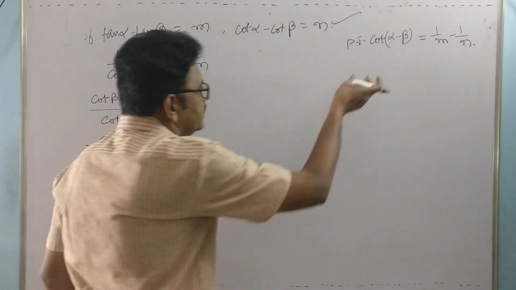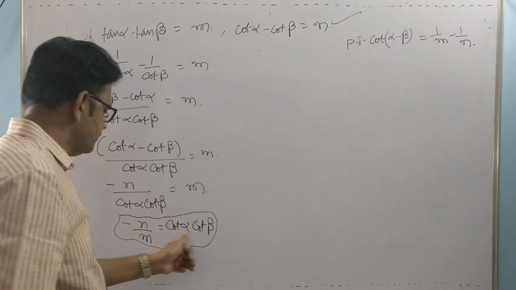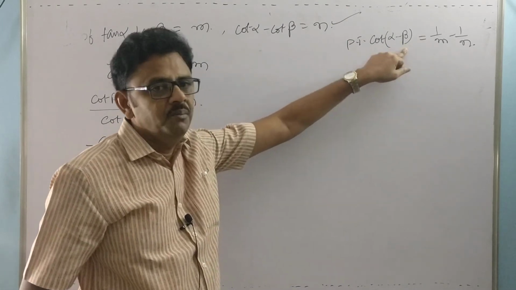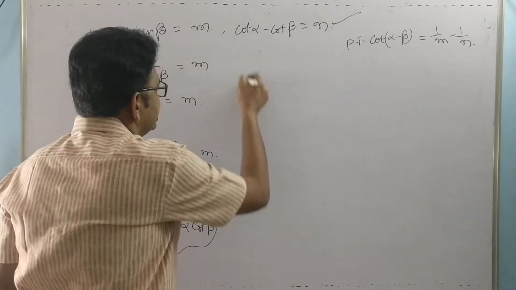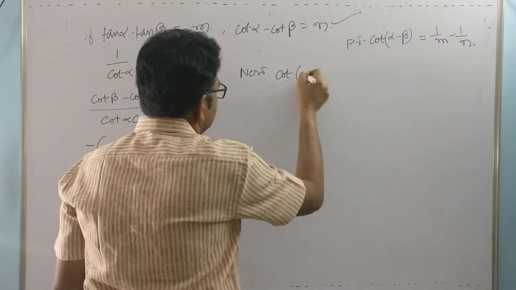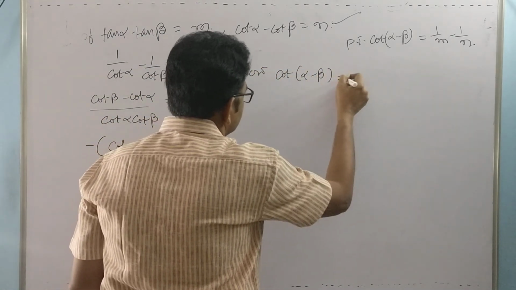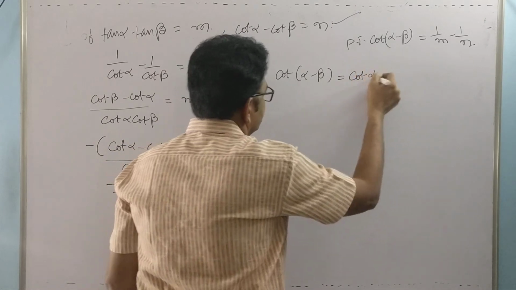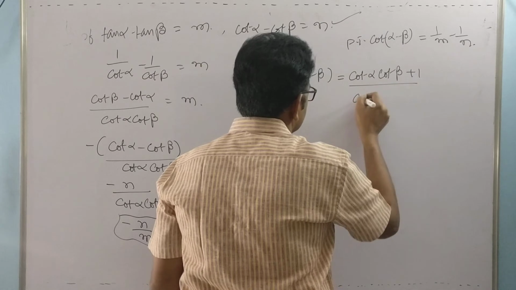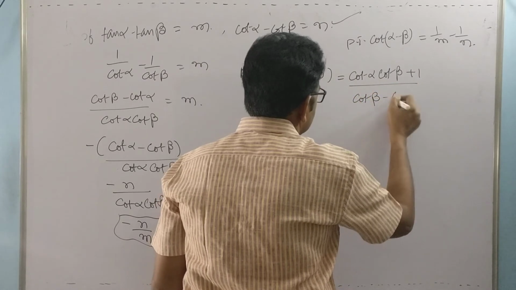Now why are you finding this result, cotα into cotβ? Because of the cot(α−β) form. In this one now we can take cot(α−β) = (cotα cotβ + 1)/(cotβ − cotα).